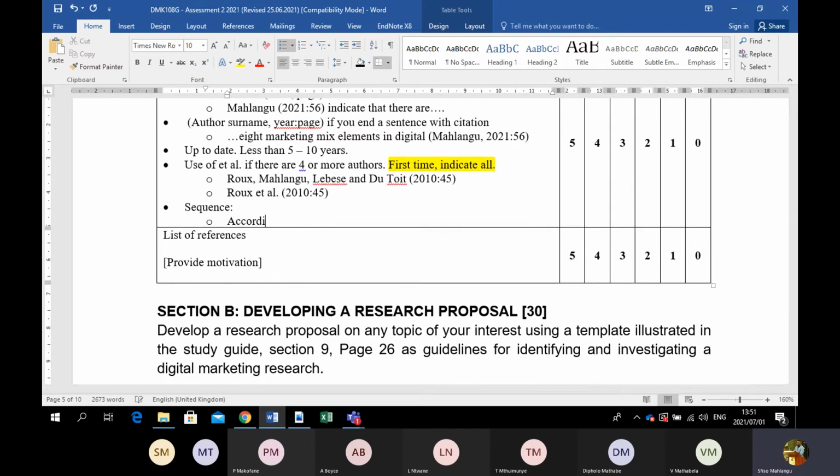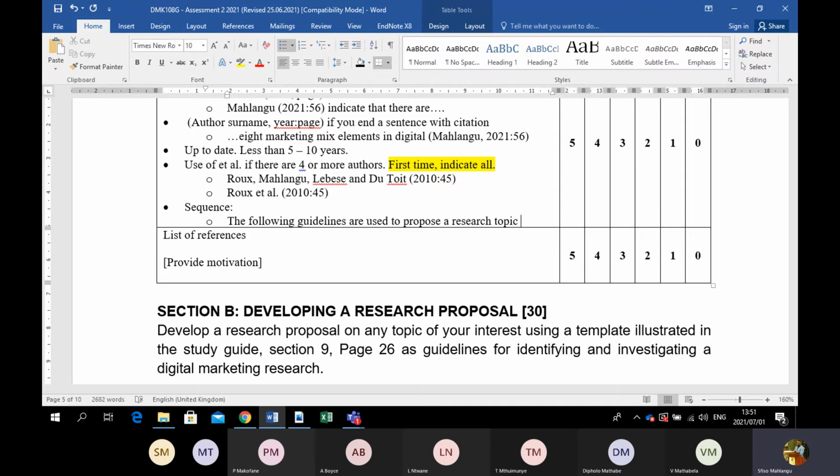Let's say we write the following guidelines are used to propose a research topic.